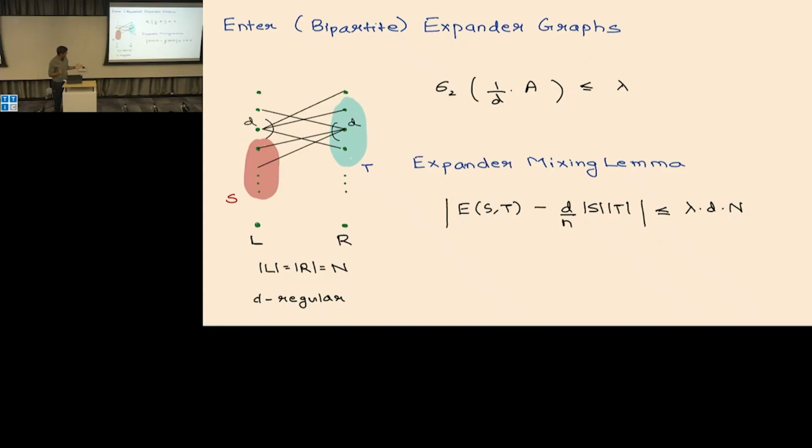And actually, all we need is that in expander graphs, we can estimate the number of edges between any set S and any set T fairly accurately. So d over n times the product of the sizes of these sets would be the expected number if the edges were thrown randomly. And there is a small error which is controlled by lambda times d times n, the total number of edges.